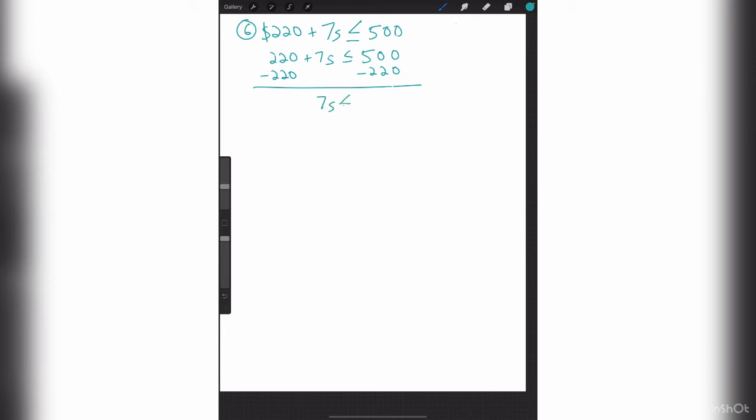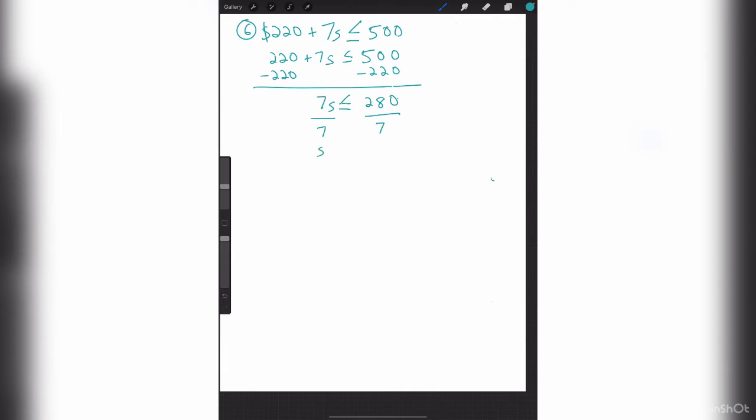I don't know why that keeps doing that. I'm going to have to look into that. 7S is less than or equal to, I'm going to subtract, 500 minus 220 gives you 280. Okay, 280. And then I'm going to divide each side by 7.